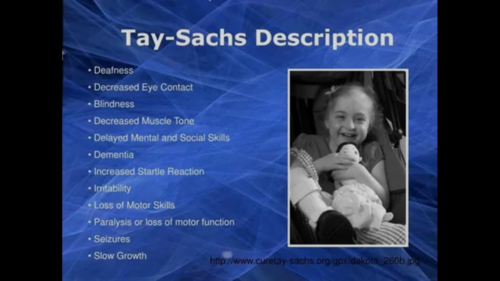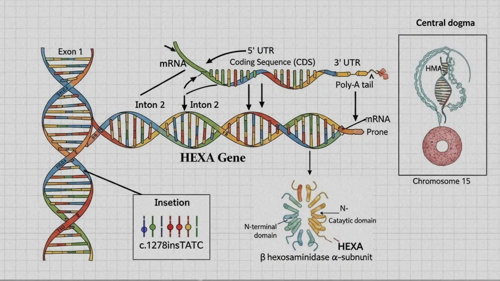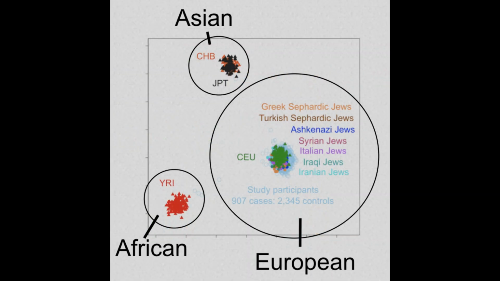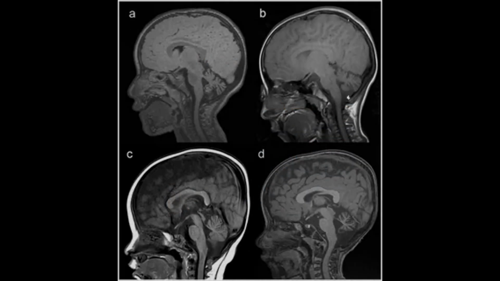The enzyme requires both A and V subunits to maintain full catalytic activity. Mutations in the HEXA gene impair formation of the A subunit, reducing the enzyme's ability to process GM2. However, residual activity varies depending on the specific amino acid substitution or structural disruption, creating a spectrum of biochemical outcomes.